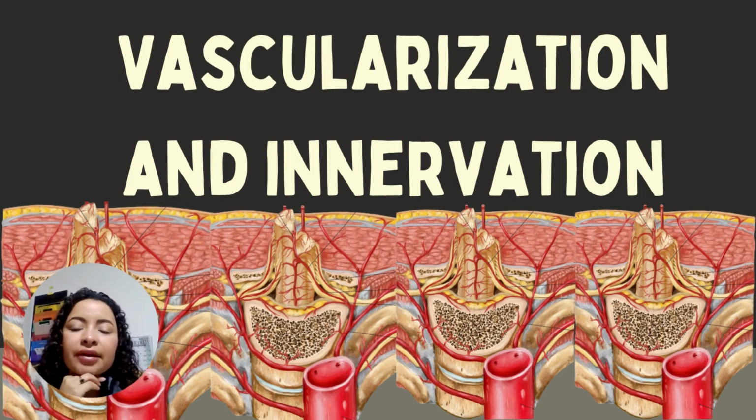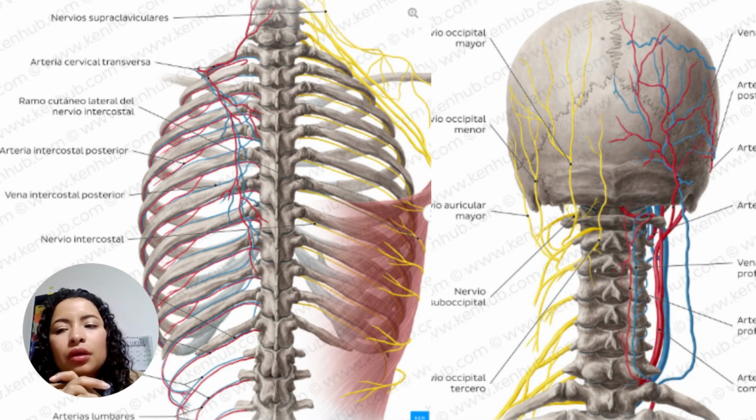Vascularization and innervation. Blood flow to the spine is supplied by segmental arteries: posterior intercostal, subcostal, lumbar, iliolumbar, and sacral arteries. In the cervical region, they derive from the vertebral and ascending cervical arteries, and the iliolumbar artery is a branch of the internal iliac artery.